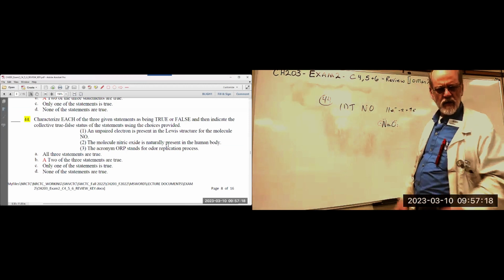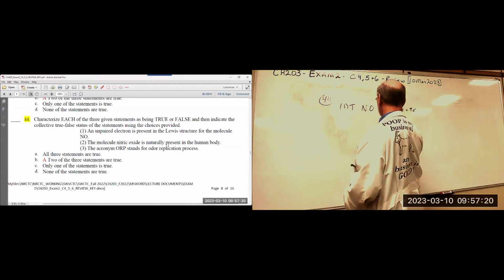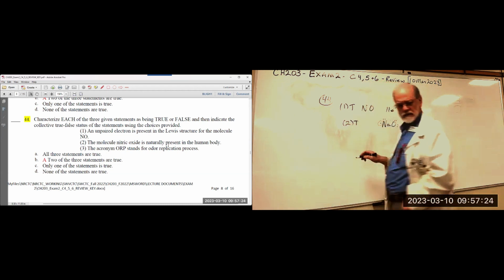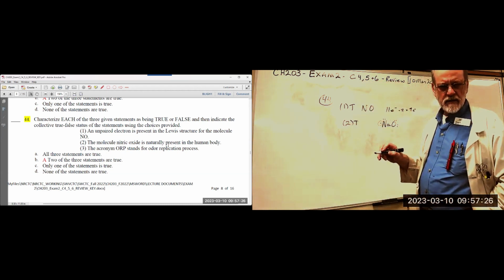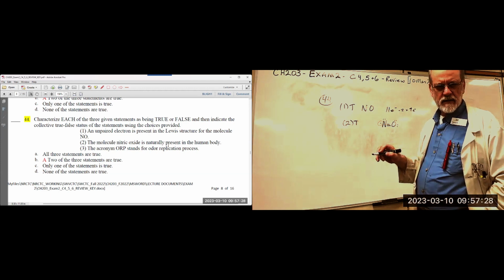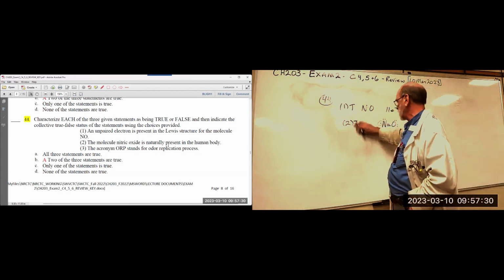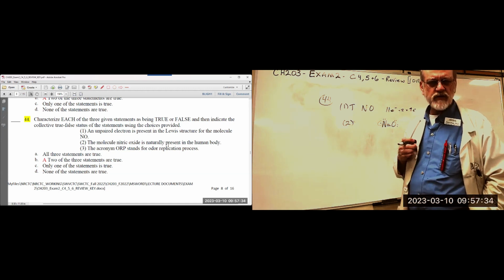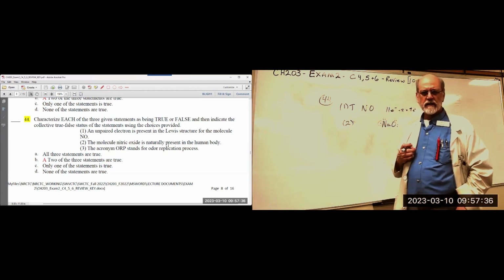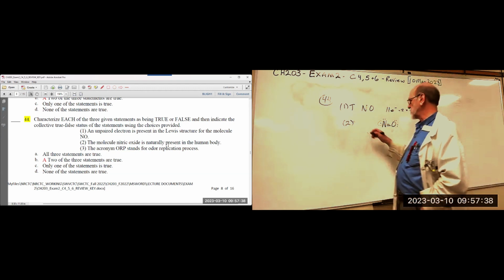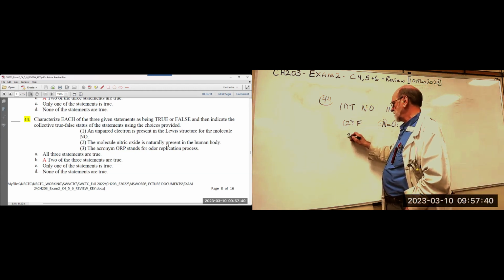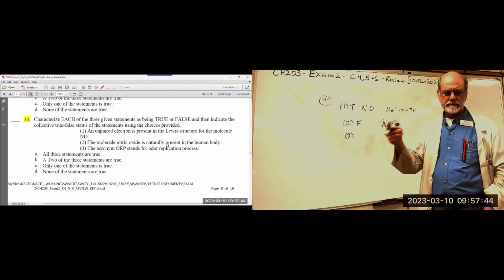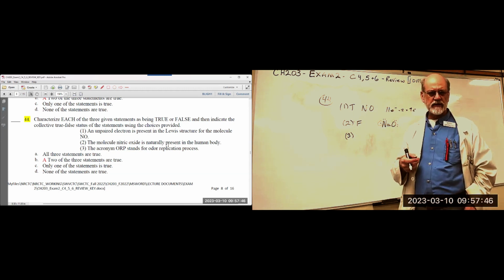Okay, so, we didn't do the last one. So this one is true. Oh, no, 1 is true, excuse me. The molecule nitric oxide is naturally present in the human body. No, I don't think so. I think it's formed by the action of microbials in your gut.